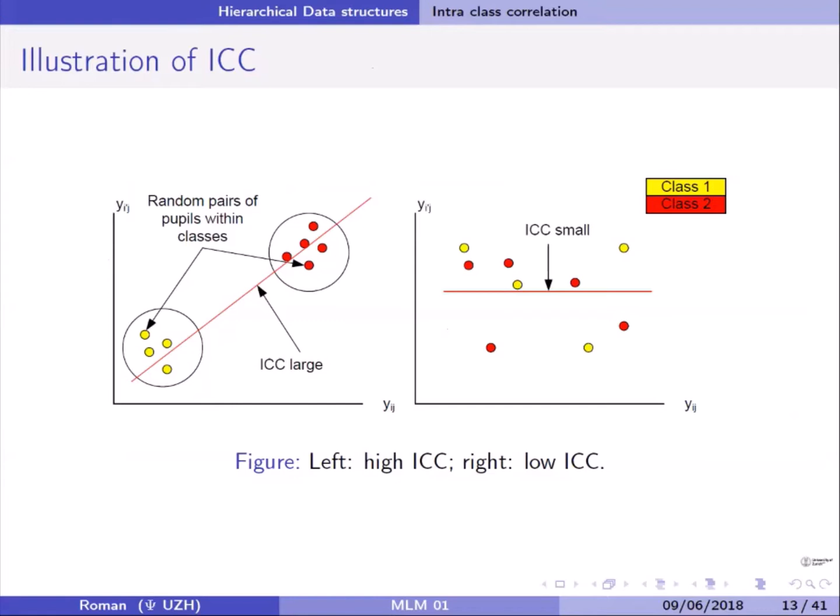We see that the different classes are more similar within one another. If the ICC is small, like we see on the right, you'll see that class membership does not really play a role in the relationships between the points. Arguably, individual characteristics are making up the differences that we observe.